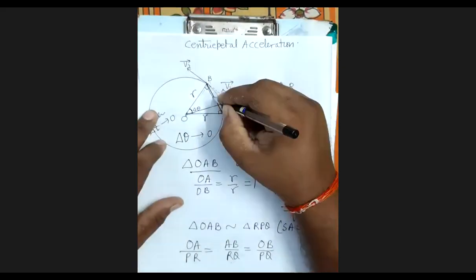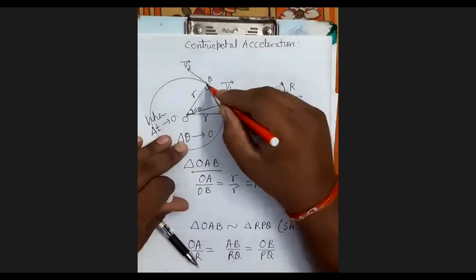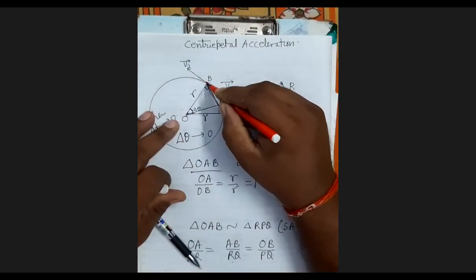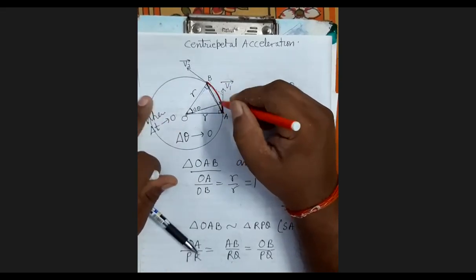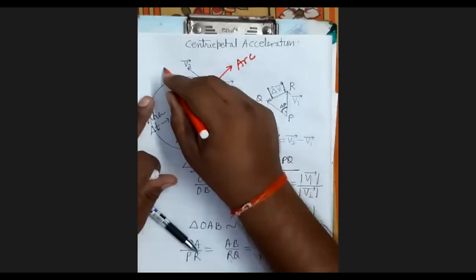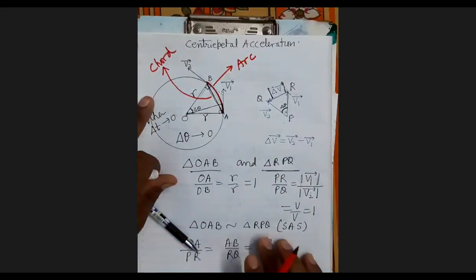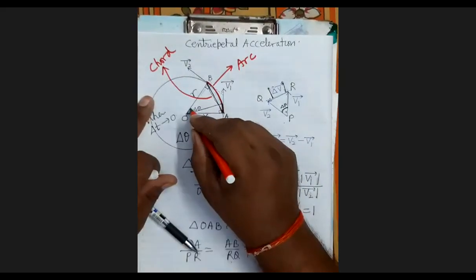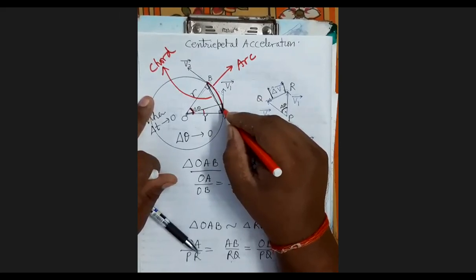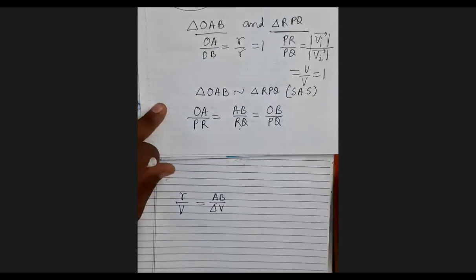This is the chord, and this is the arc. Their lengths are different: the arc is of greater length and the chord is of smaller length. But when this angle is very small, arc and chord both will be of the same length.